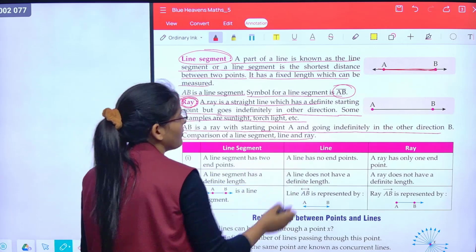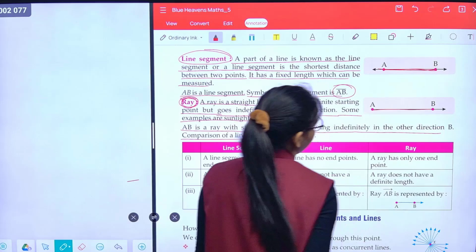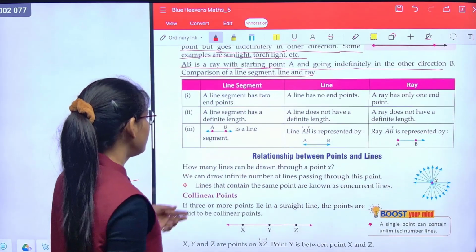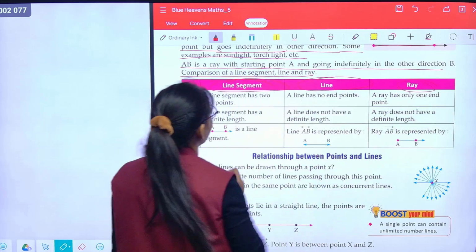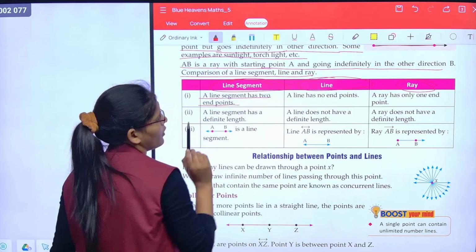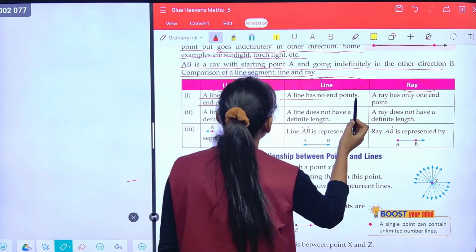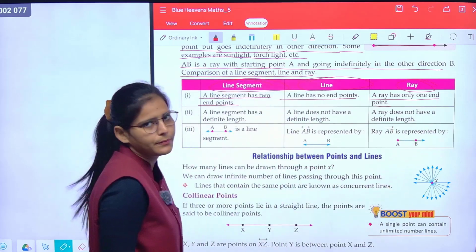Comparison of a line segment, line and ray. AB is a ray. Now class, first point: a line segment has 2 endpoints, but a line has no endpoint. A ray has only 1 endpoint.